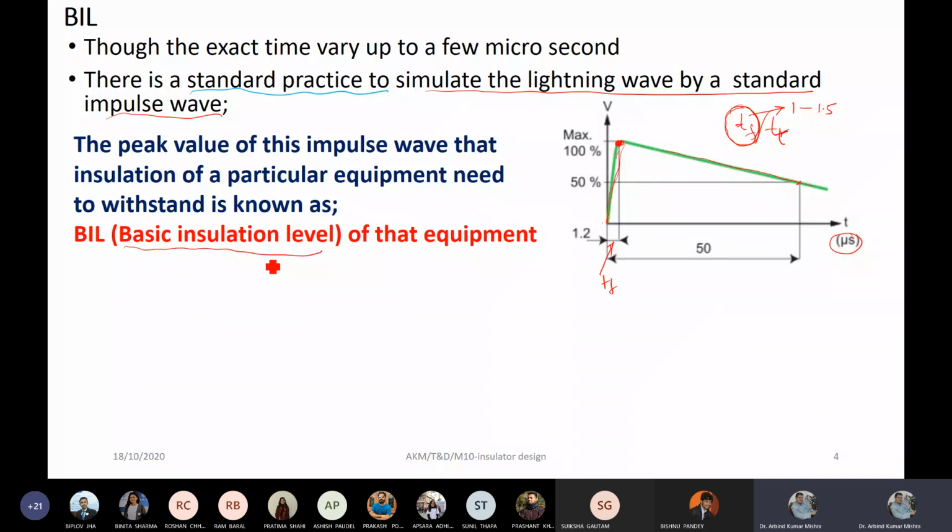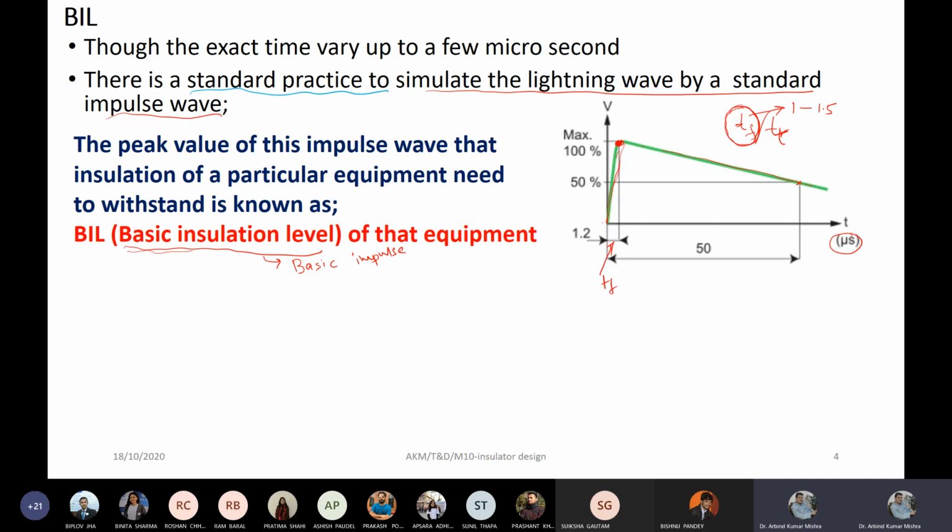In some book or some paper you might see that this is also written as basic insulation level or basic impulse level. Here I have written impulse level. Some people also like basic impulse insulation level. But basically in the beginning it was given the name basic insulation level of the equipment.